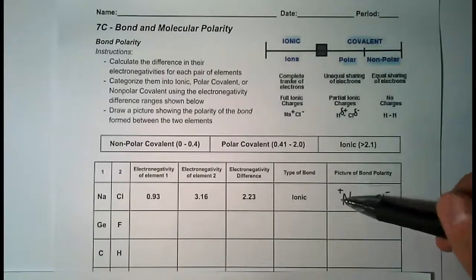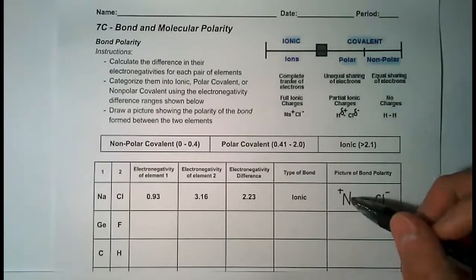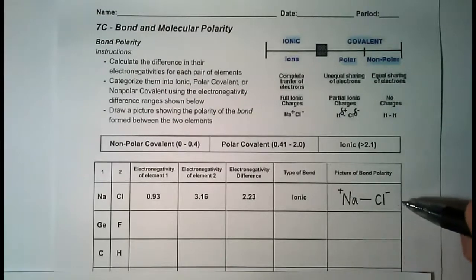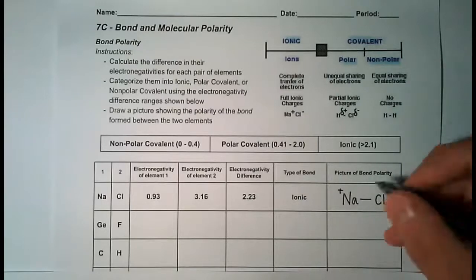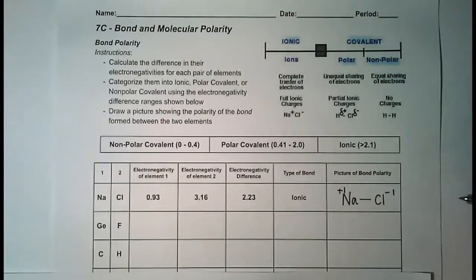So we show a positive on one end and then a negative on the other end. Since sodium and chlorine both have charges with an absolute value of 1, we can just show it as a plus and a minus sign. Or of course we could also show +1 and -1 if we wanted to put the values of the charges on there. Without the 1, remember that 1 is implied.